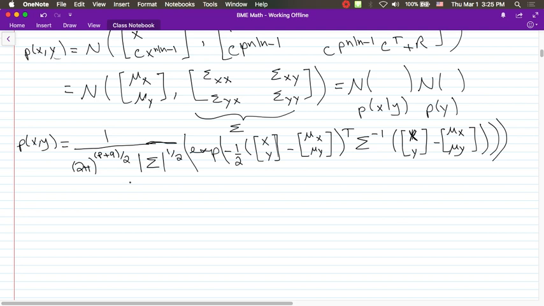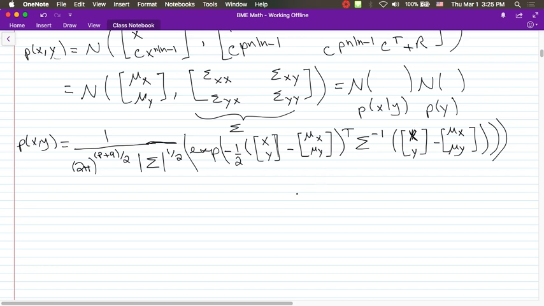That's all I've done. But the point is, we want to factor this guy in terms of a conditional and this marginal, P of y. So I want to be able to tell you how I go from this, which has a determinant of this system raised to the power 1/2, and the inverse of this variance covariance matrix, and write it in terms of multiplication of two normal distributions.